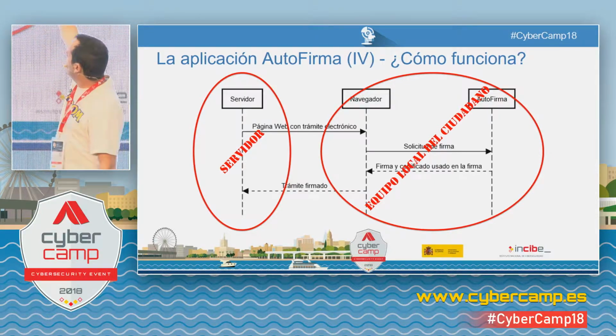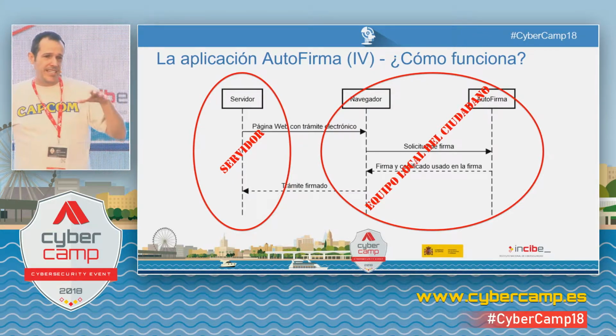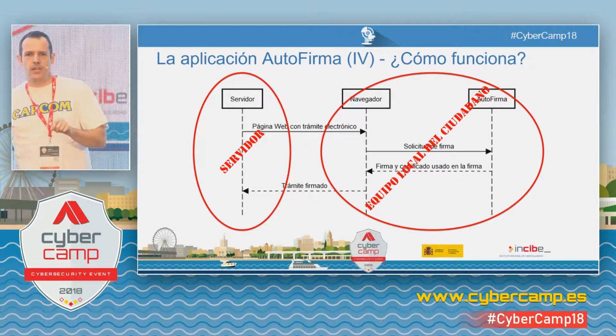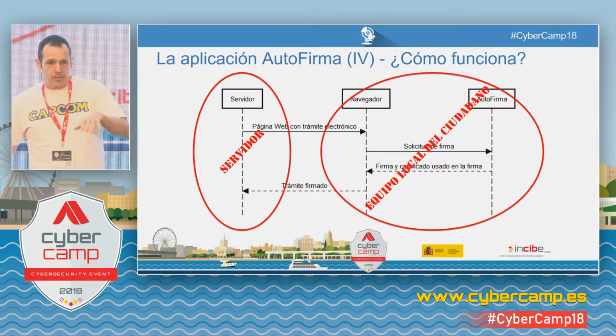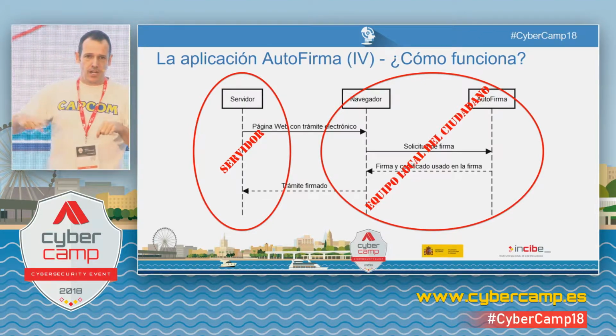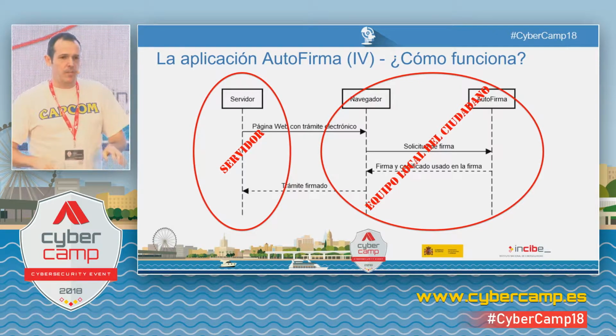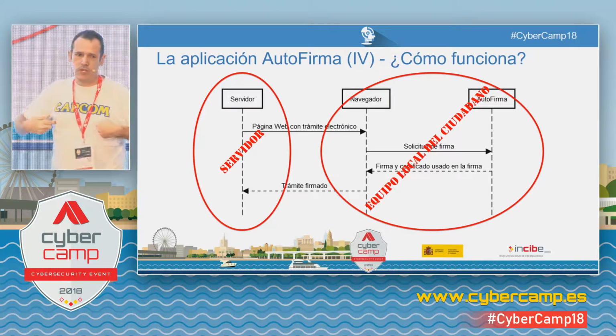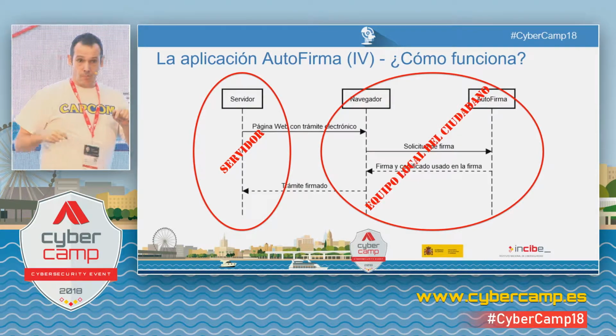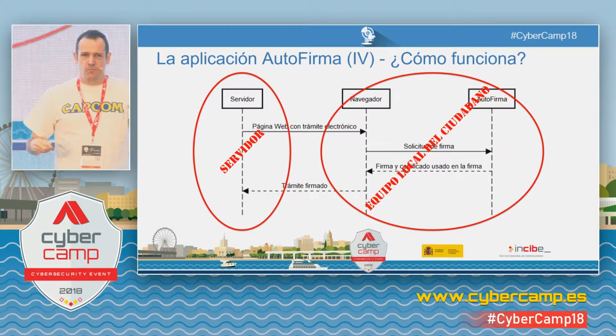Now I'll give you some context about where all this is run. The browser and the self-signature are on the citizen side. This is a local app and JavaScript is run in my computer. So everything that takes place between the browser and self-signature is run at my home.